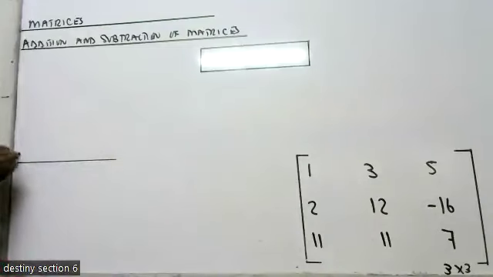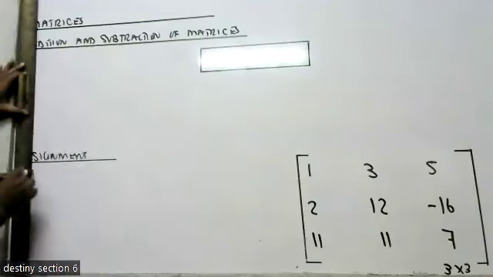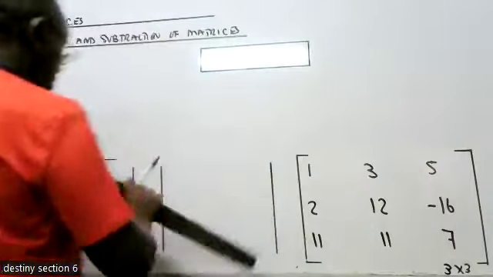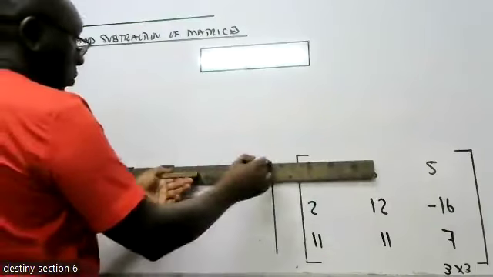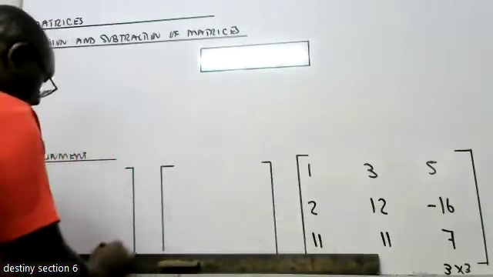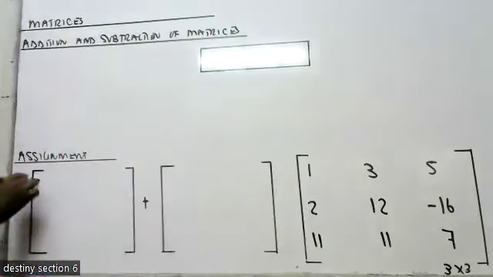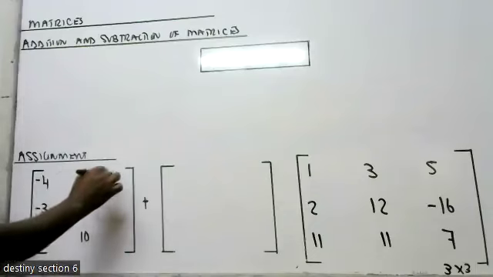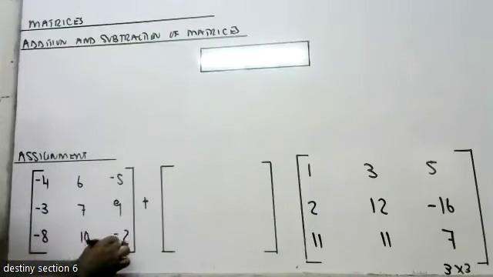Then for your assignments, I would like you to add these matrices: minus 4, minus 3, minus 8, 10, 7, 6, minus 5, 9, minus 2.